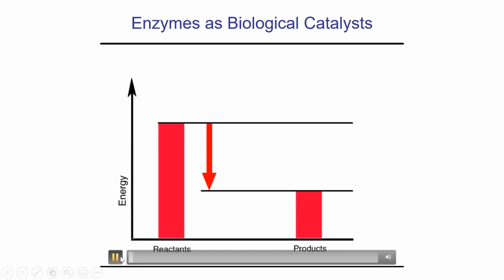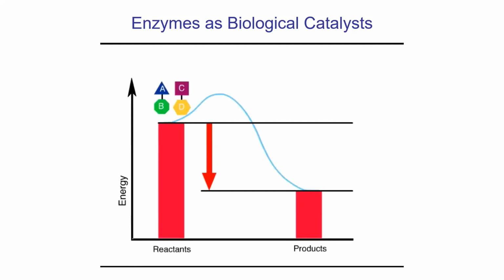If exergonic reactions occur spontaneously, what keeps molecules from breaking apart and cell chemistry from racing out of control? For any reaction to occur, even a downhill reaction, some energy must be added to get the reaction going. This energy is needed to break bonds in the reactant molecules.